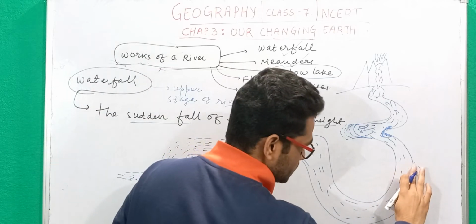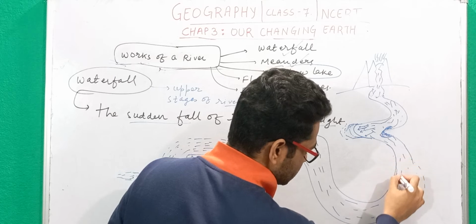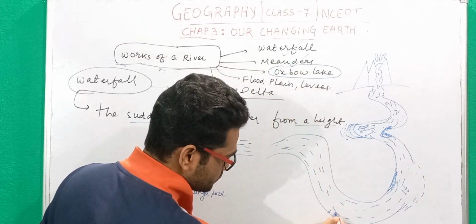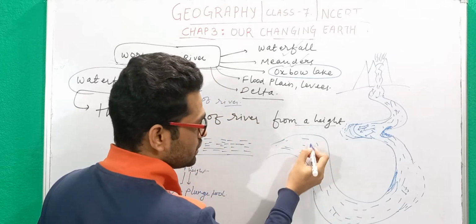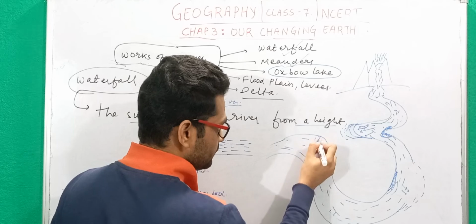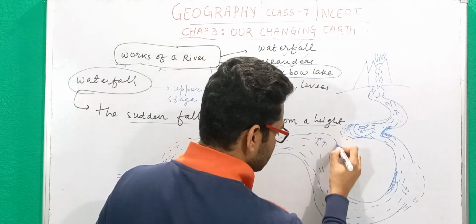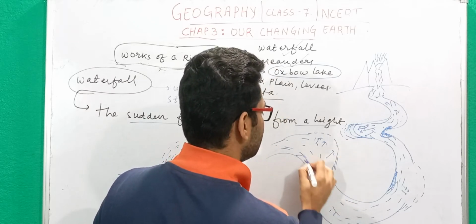Over a period of time this bank will be widened, and here will be the depositional activities. Similarly here you will also find erosional activities taking place on a great scale, and here you will find deposition.